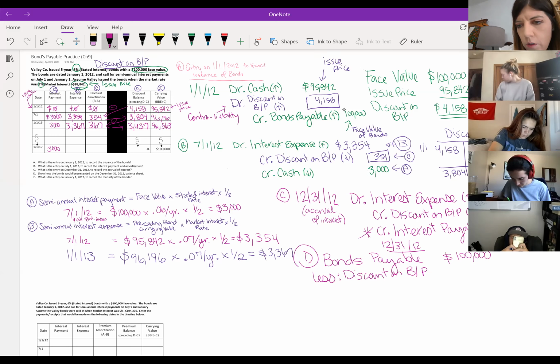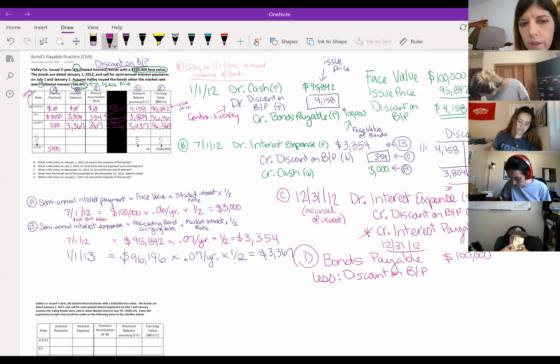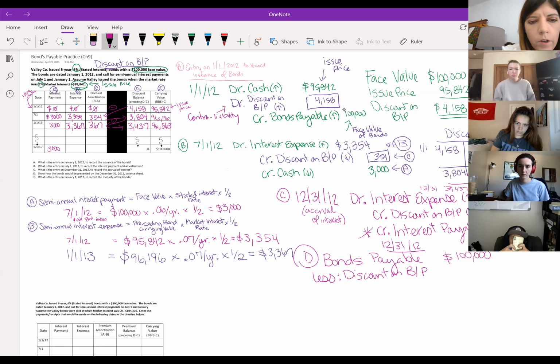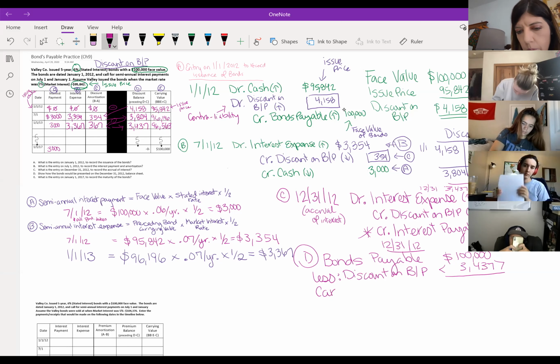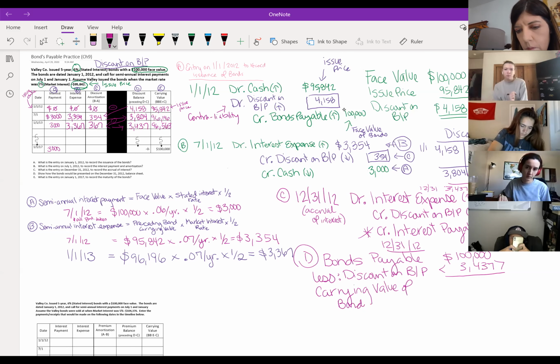Notice that we took the 367 here, right? And the new discount balance is 3,437. Right there. And we're subtracting that from 100,000 to get the carrying value of the bonds: $96,563.